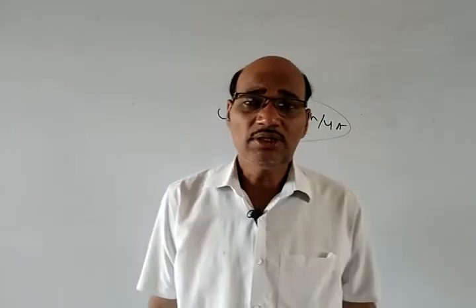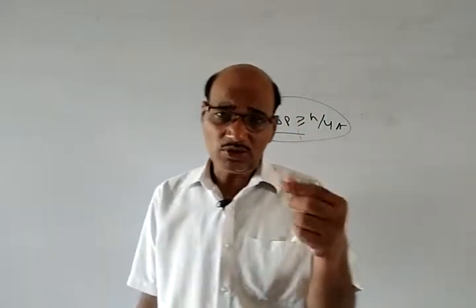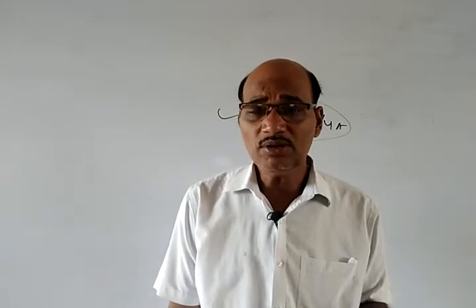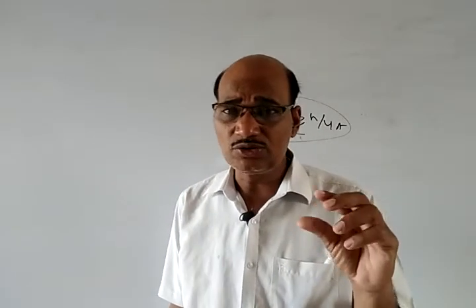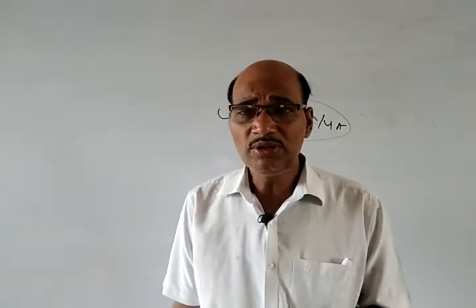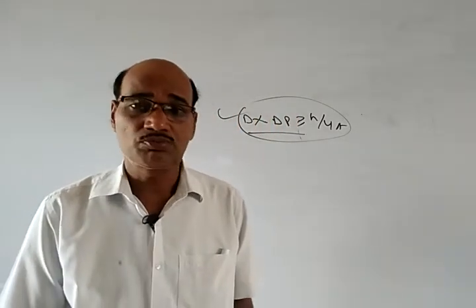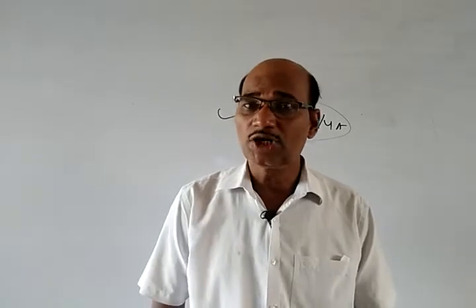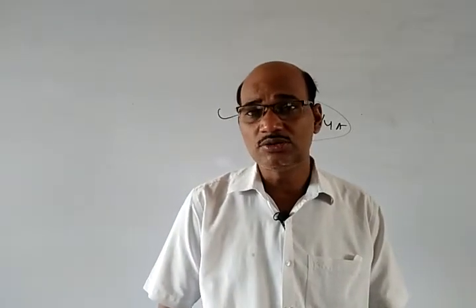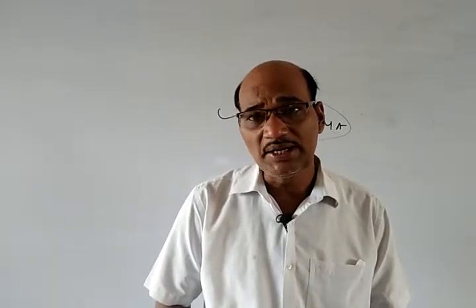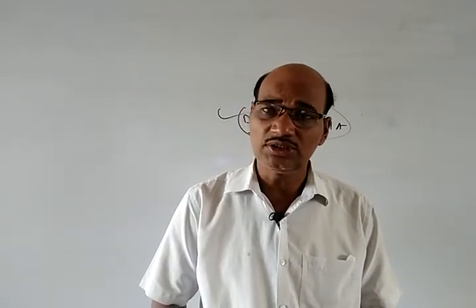By the way, when you come to chromium and copper, there is some exceptional electronic configuration. Chromium becomes 4s1 3d5 instead of 4s2 3d4. Similarly, copper becomes 4s1 3d10 instead of 4s2 3d9.